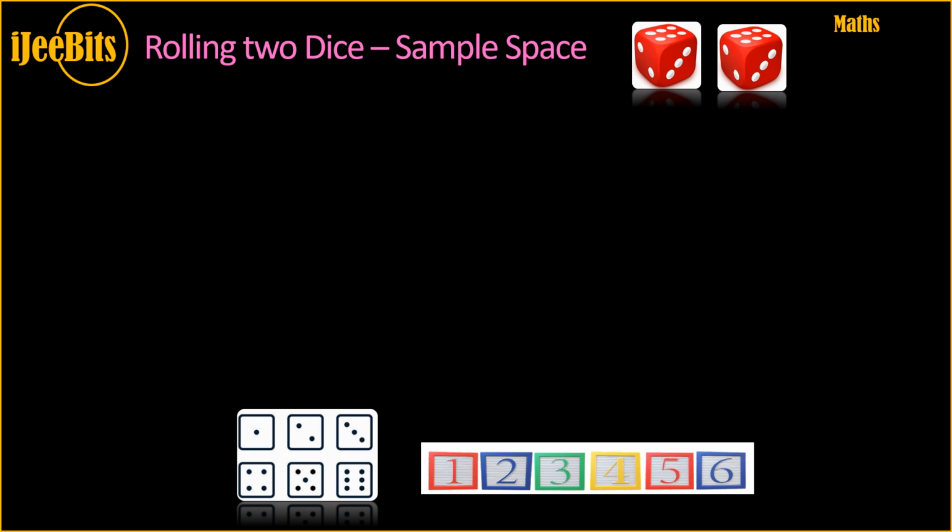You can consider rolling 2 dice and then construct the sample points. This is one more interesting story.